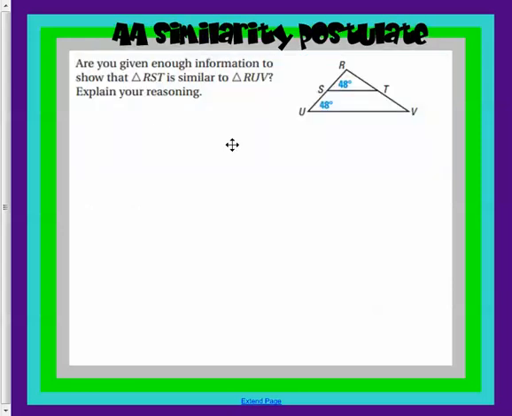For example, you are given enough information to show that these two are similar. They're telling you that this angle right here is the same as this one. So angle RST is the same as RUV. They're both 48 degrees. You can also say that angle R is on both figures. So angle URV is the same as SRT.